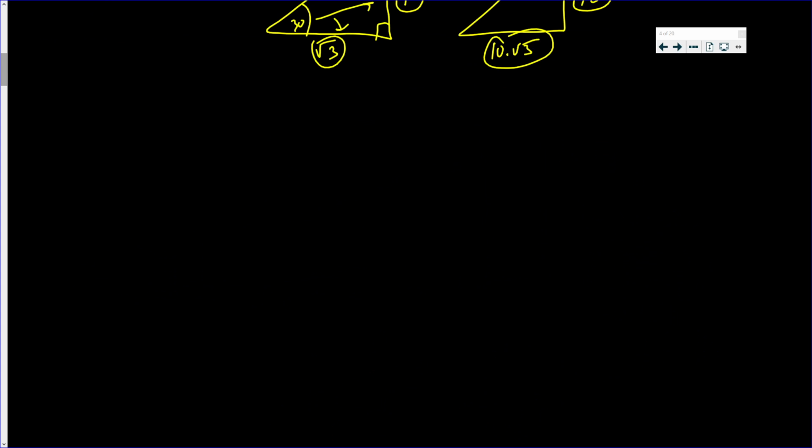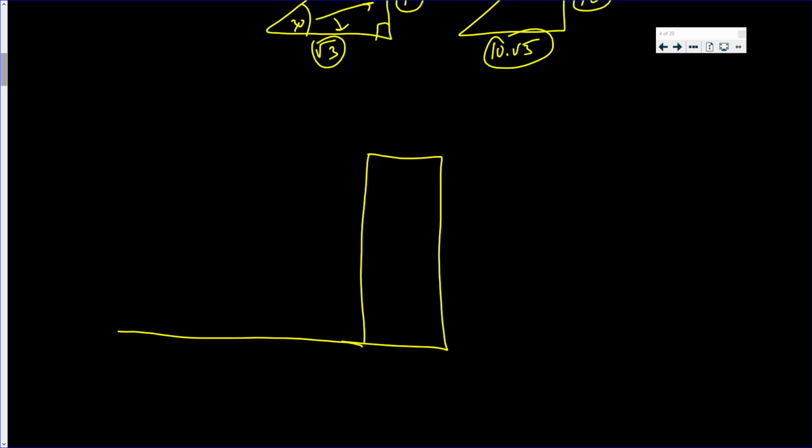Same problem over here. Here is some building, maybe it's your house, and you want to know how tall it is. And maybe already you measured out 50 feet.